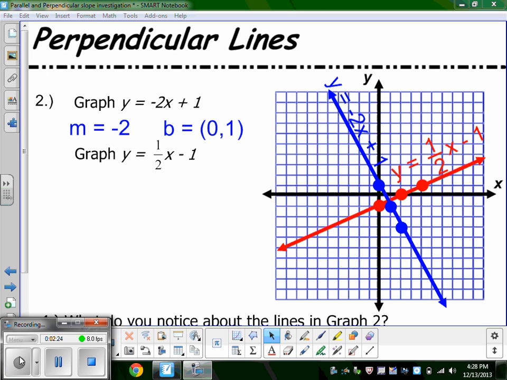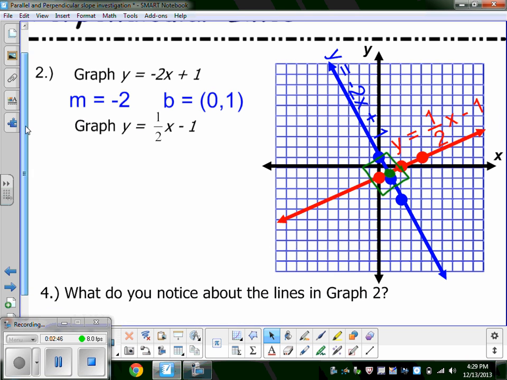After graphing, it should look something like this. Once again, if you examine these two lines, you'll notice that where the two intersect, we once again have a series of right angles created, meaning that these two lines are perpendicular.